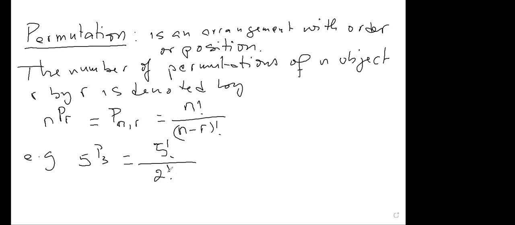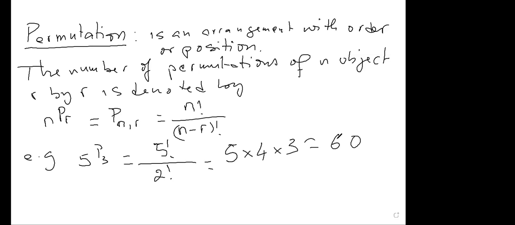So I will explain a little bit why you have this formula. The number of permutations of 3 objects out of 5 is actually choosing 1 out of 5, then a second one out of 4, now a third one out of 3, which is 60.